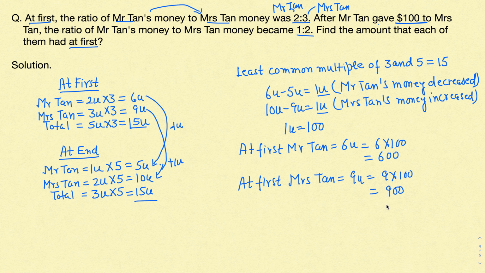That means at first Mr. Tan was having $600 and Mrs. Tan was having $900. So we can write our answer quickly here, that Mr. Tan was having $600 at first and Mrs. Tan was having $900 at first. So that's our solution.